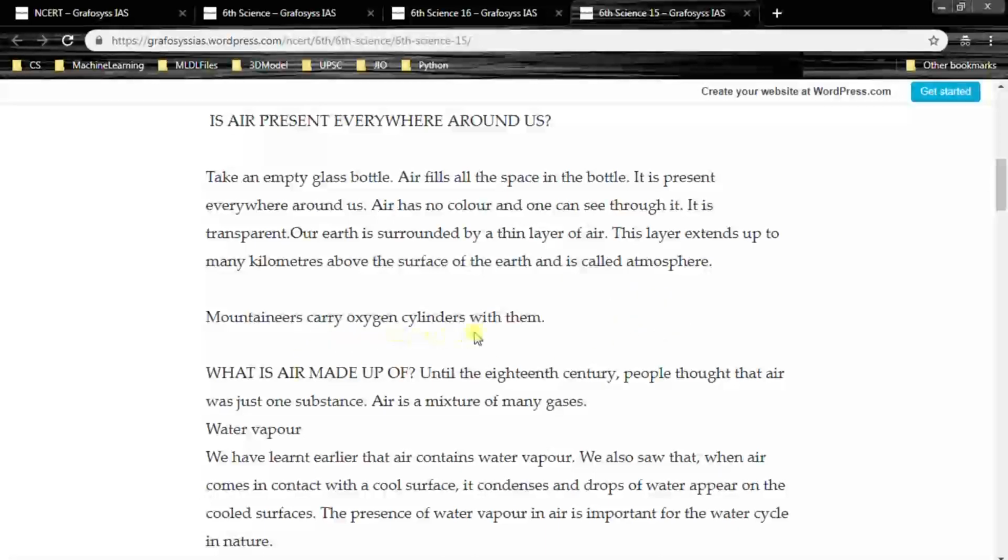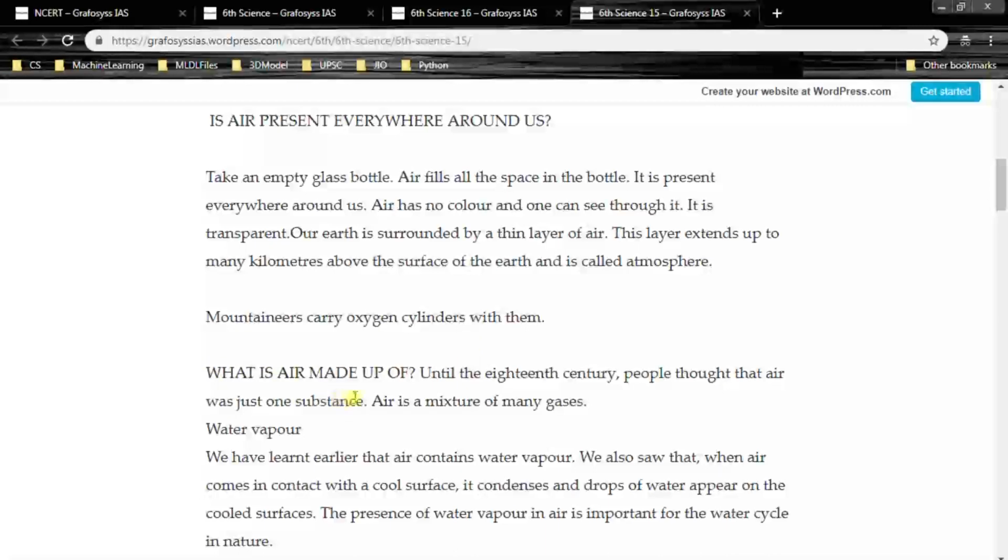Mountaineers carry oxygen cylinders with them because as we go on climbing the mountain, the amount of oxygen decreases, so we have to carry the oxygen.